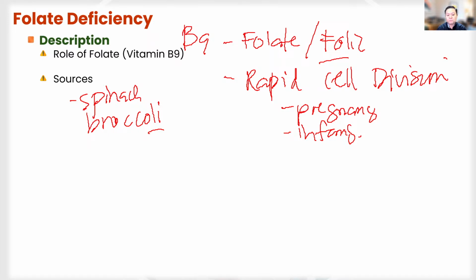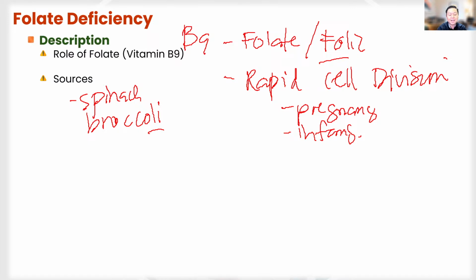Now let's talk about the storing of the folic acid rather. And so the vitamin B9 basically cannot be stored in larger amounts. If the body is not taking that dietary requirement for a few months, then the patient will lead into the vitamin B9 deficiency.